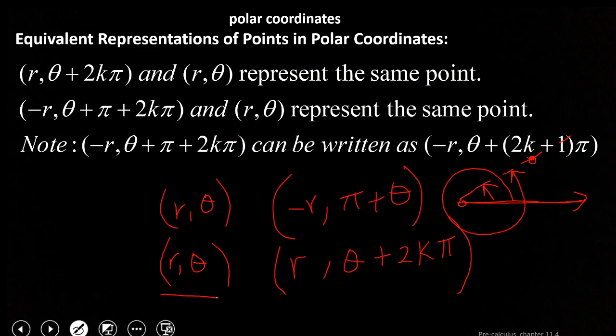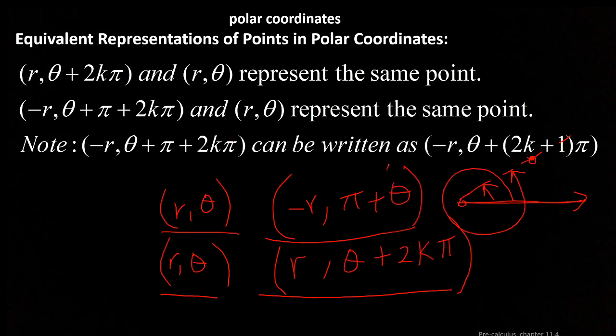So these two are exactly the same point, the same points. Now, obviously, I can also add 2k pi to this and get the same, right? So 2k pi doesn't change anything either, right?